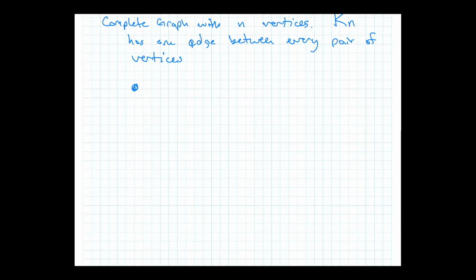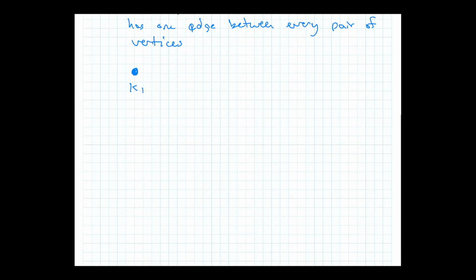K1 is very simple. It's just a dot, just a single vertex. K2 is two vertices, and then basically you just connect them because every pair of vertices has an edge. K3 has three vertices. And again, you just put an edge between every pair. So edge there, edge there, edge there. That's K3.